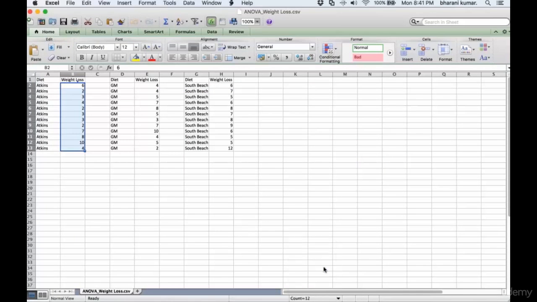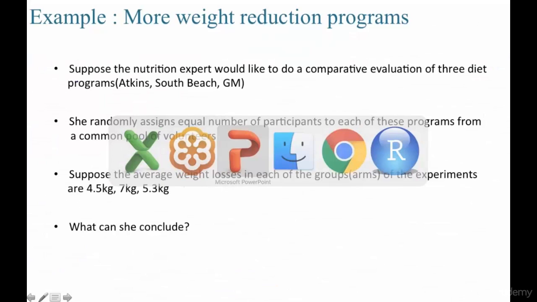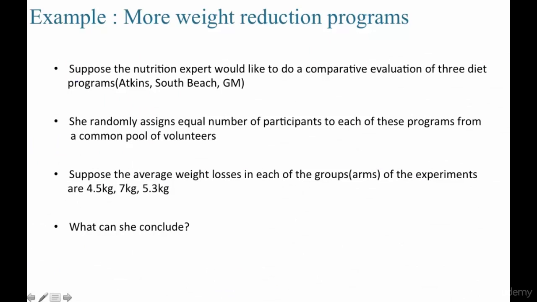That's the count. 12 people each. So in total, you have 36 people. I'll go back to that presentation and show you that also later on. So say there are 36 people.